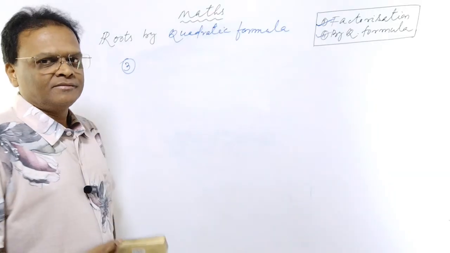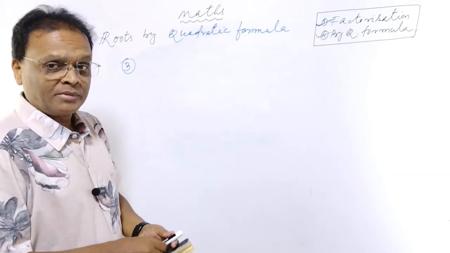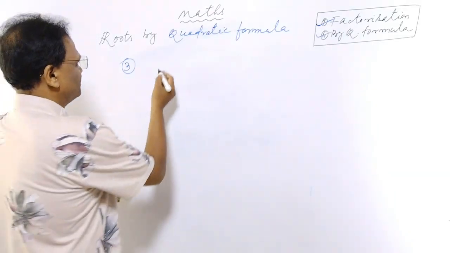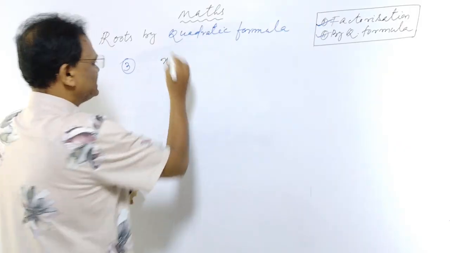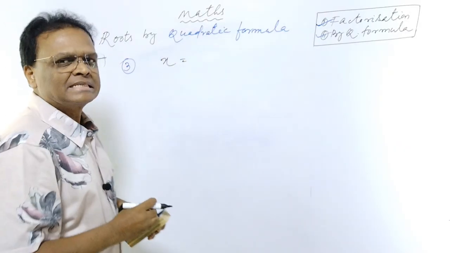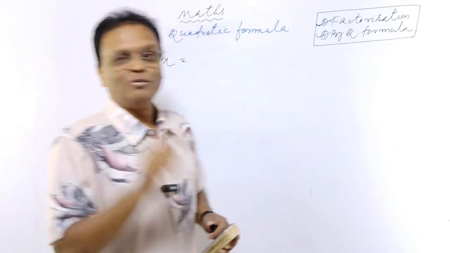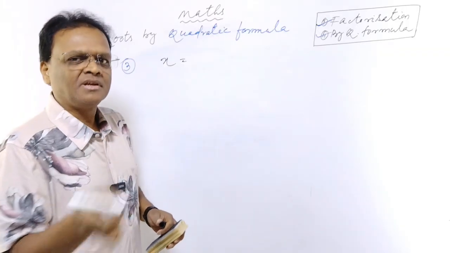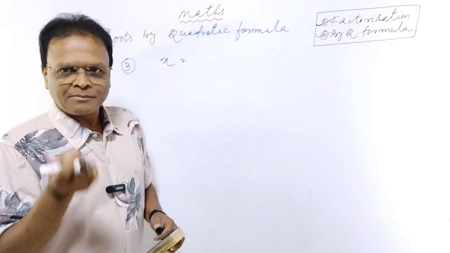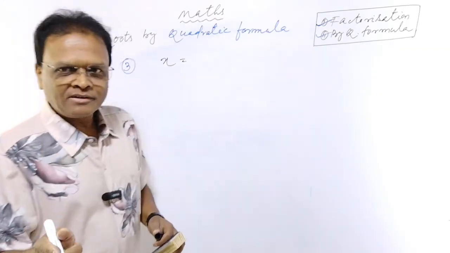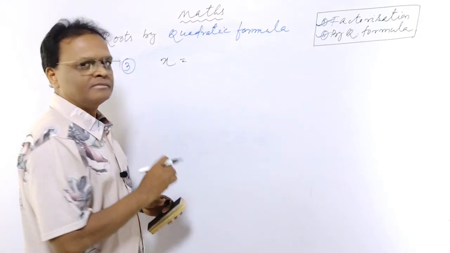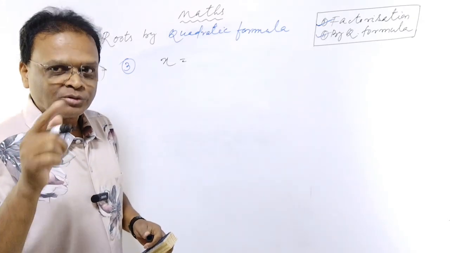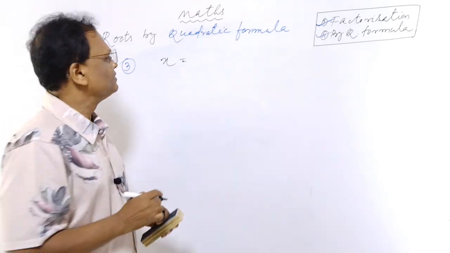So first let me write the formula, then how to remember it. This is the formula. x is equal to, x stands for roots. The symbol of roots is x, just like the symbol of zeros is x. Find x means find zeros, find x means find roots. Again I am repeating, x means roots, x means zeros.